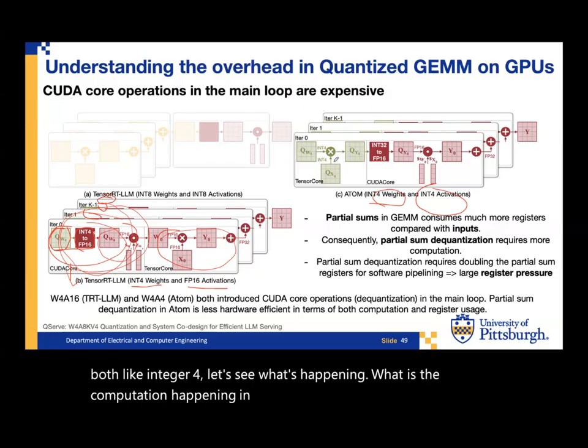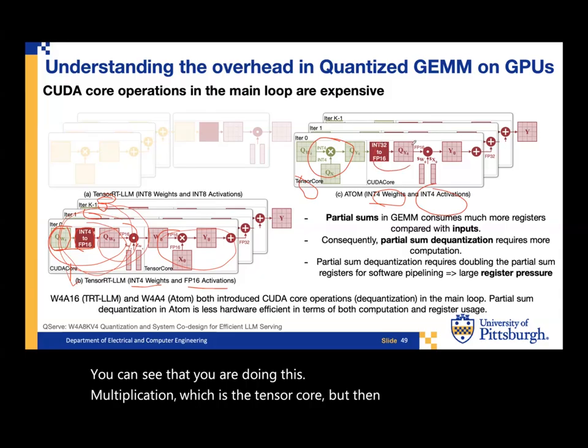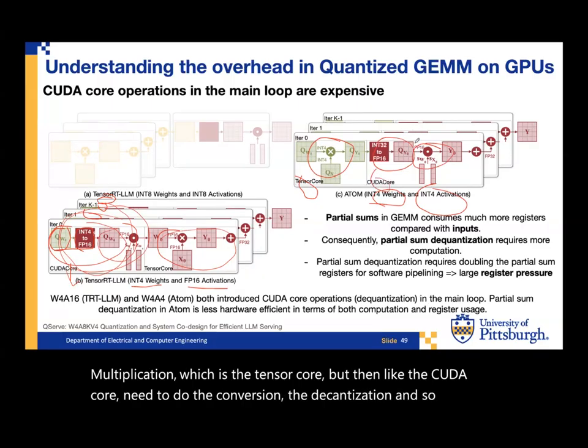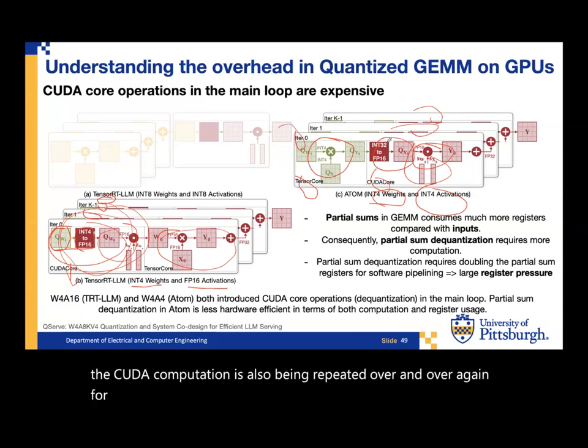You can see that you are doing this multiplication, which is the tensor core, but then the CUDA core needs to do the conversion and the dequantization, and so again, the CUDA computation is repeated over and over again for each iteration. Make sense? So the takeaway is that W8A8 is computationally efficient.